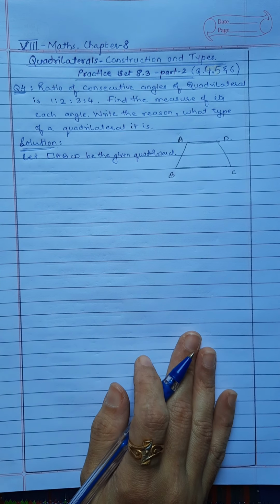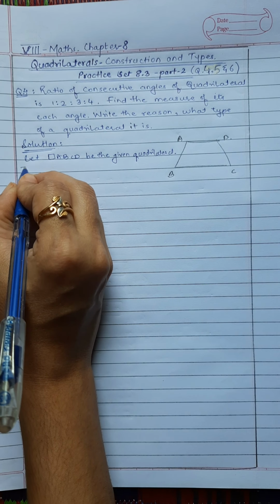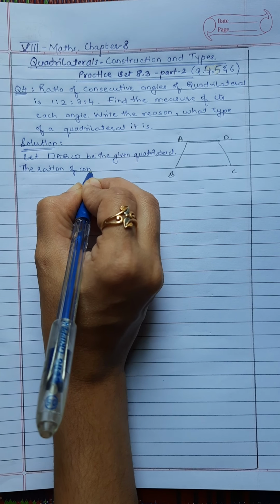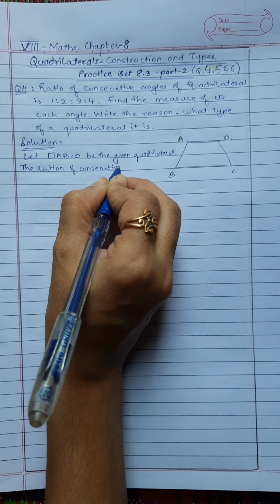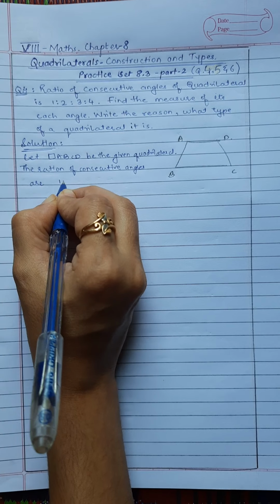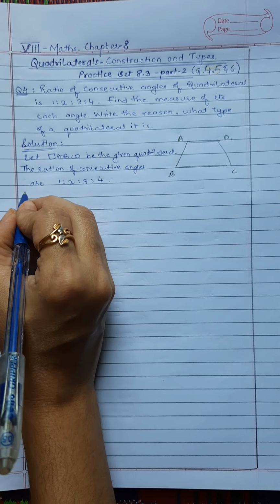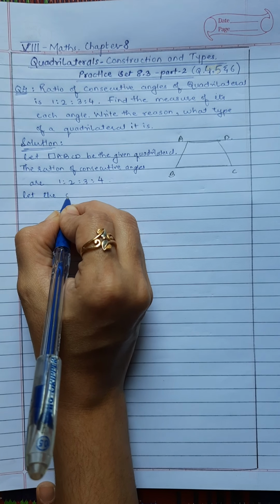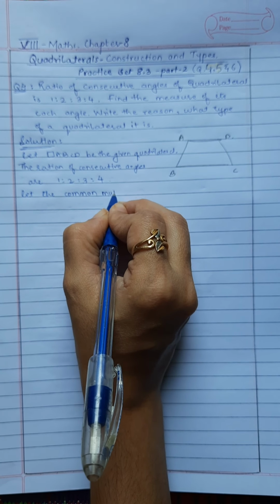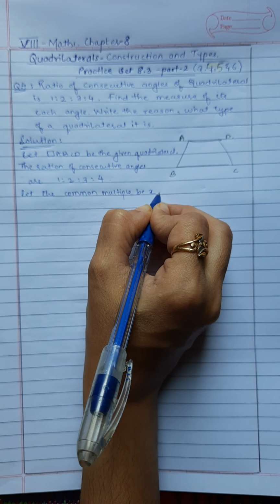The ratio of its consecutive angles is given. The ratio of consecutive angles is 1 is to 2 is to 3 is to 4. Let the common multiple for all the angles be x.